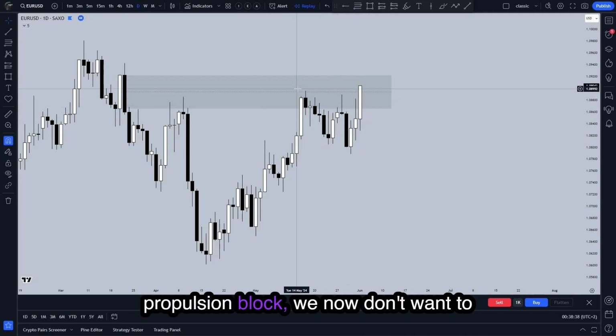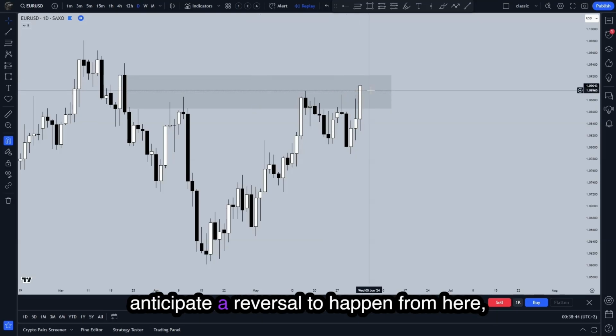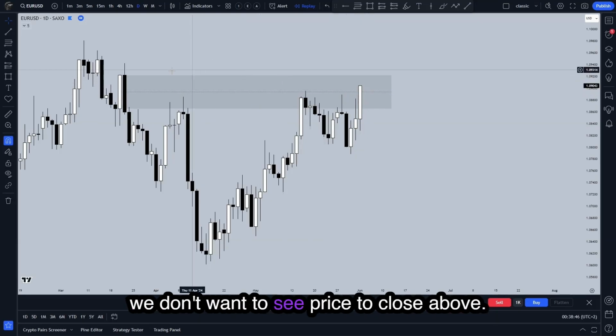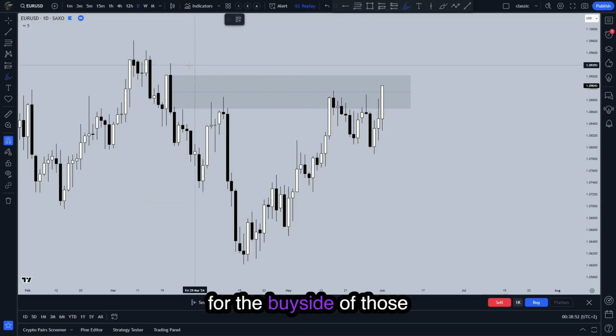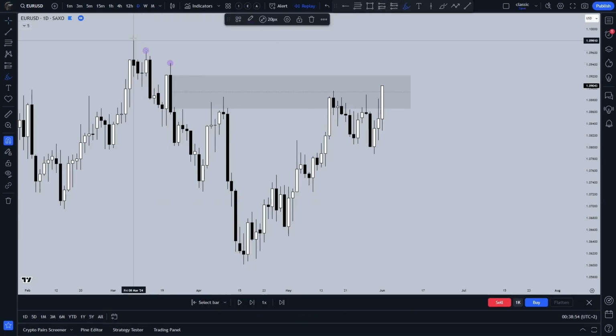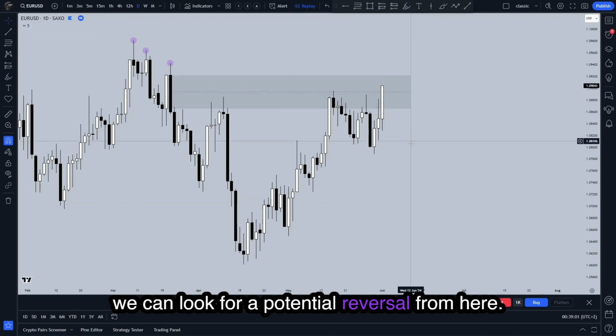With this propulsion block, if we are bearish, we don't want to see a close above it. If you anticipate a reversal from here, you don't want to see price close above. If it closes above, price will most likely head for the buy side of those swing highs here. As long as we close inside, we can look for a potential reversal from here.